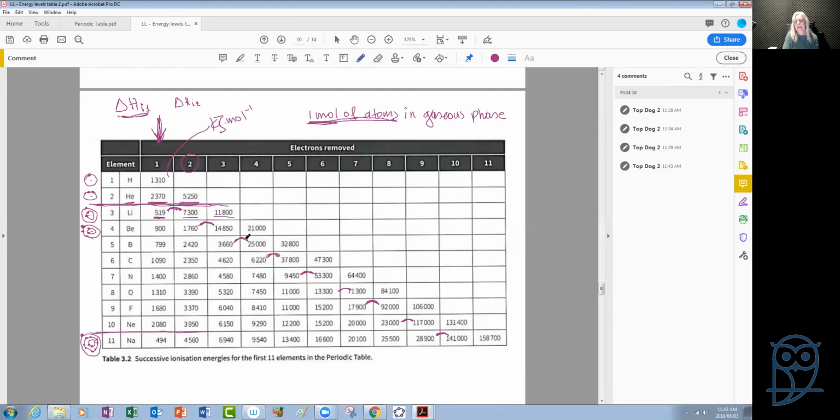I'm sure you can figure out by now why we have these big jumps: to go to the third electron, obviously this third electron belongs to a different energy level, as you can see.